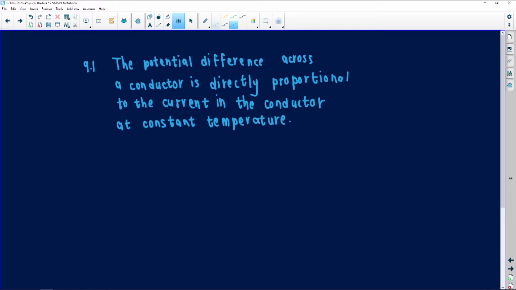Now, if you do want to use a different wording, where you can say directly proportional to the current in the conductor, removing the last bit, you can say provided the temperature. Let me just write it for you.